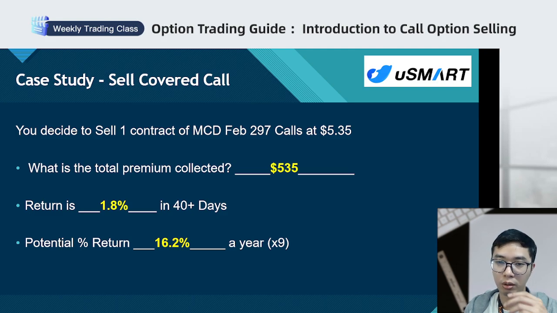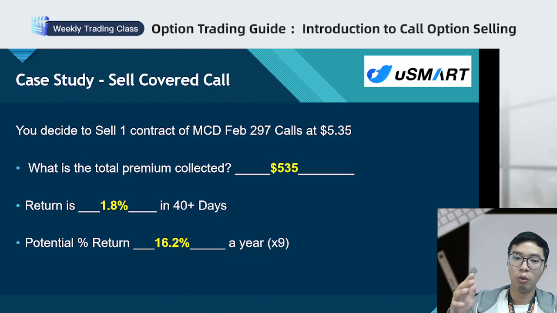In this case, 296 to 297 is very close. I just give you an idea of it. So if you get 1.8% in 40 plus days, your potential returns is 16.2% a year, which is 40 days times 9, around 360 days.